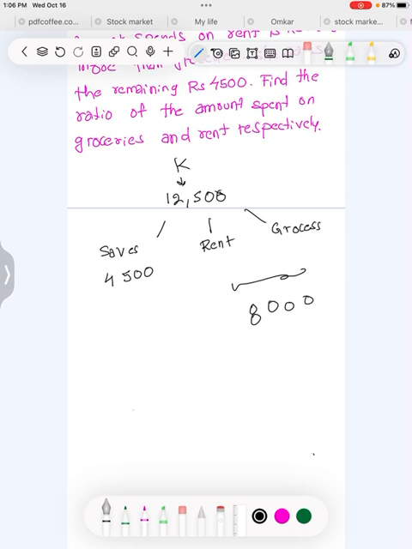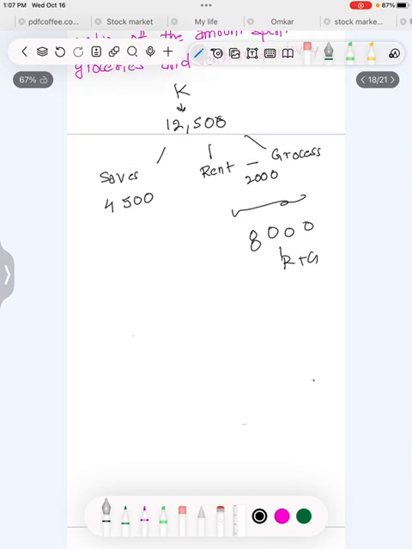Okay. This is rent plus groceries and the difference is 2,000. Okay. In the options we have the ratio of rent and groceries. Okay.